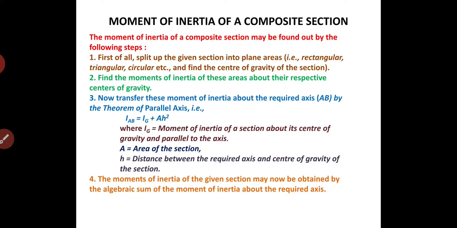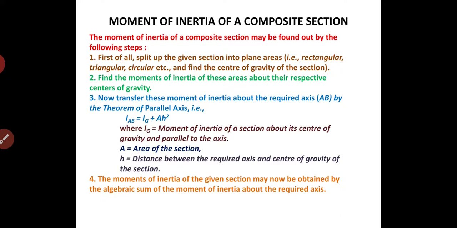So, moment of inertia of a composite section. Now we are dealing with the composite section. Here we have to understand these 4 steps before we commence the actual problem. The moment of inertia of a composite section may be found out by the following steps. First of all, split the given section into plane areas, that is rectangle, triangle, circular shape, etc. Find the center of gravity of these sections. Then find the moment of inertia of these areas about their respective centers of gravity or centroids.